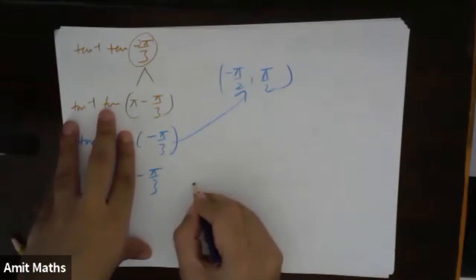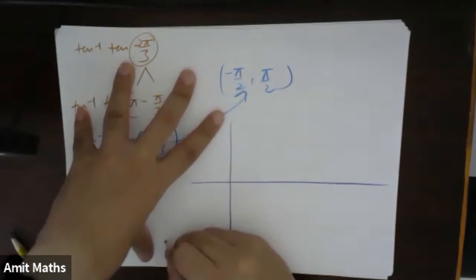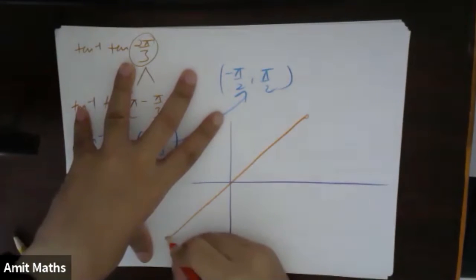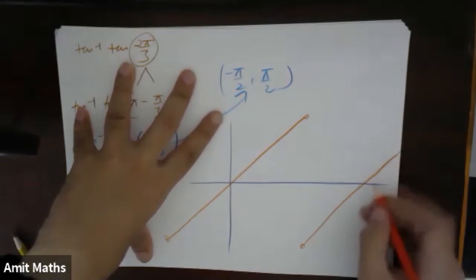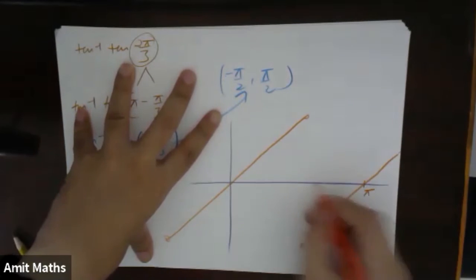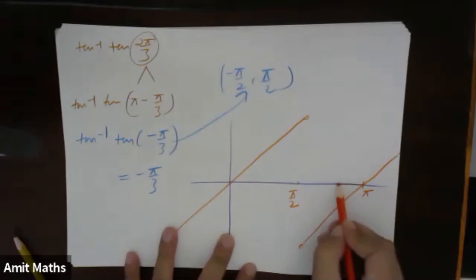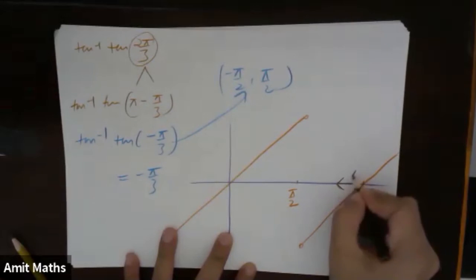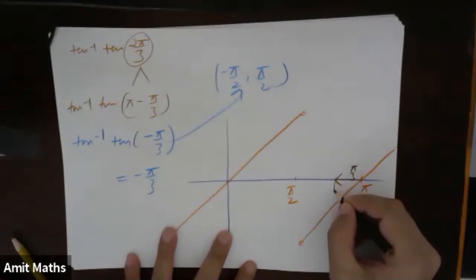So this is pi, this is pi by 2. From here, if I move in this direction pi by 3, I will reach this point.